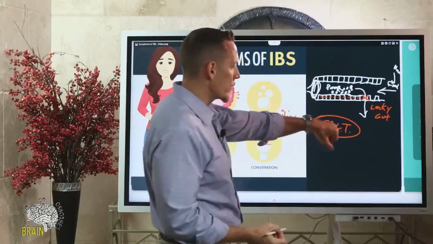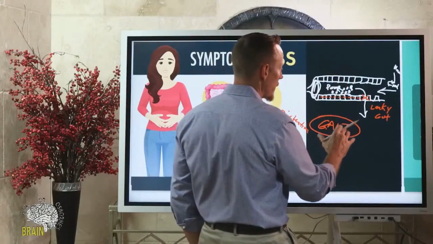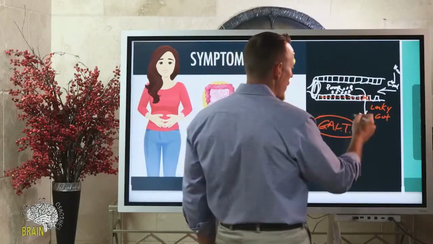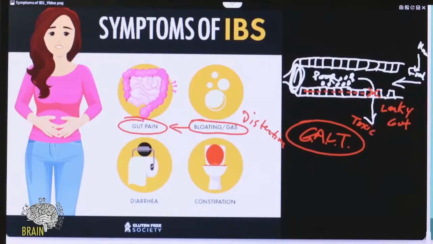That stands for gut-associated lymphoid tissue. It sits right behind your intestinal lining. So it's like a big set of tonsils that wraps around your intestine. And so now all the toxic byproducts of that food that's not breaking down, and the bacteria as well, they're leaking into your immune system.